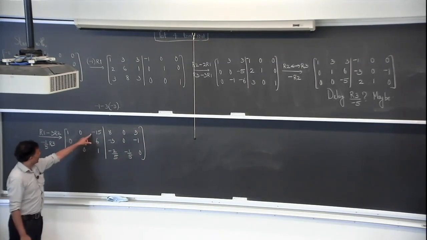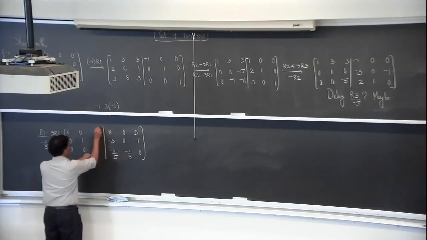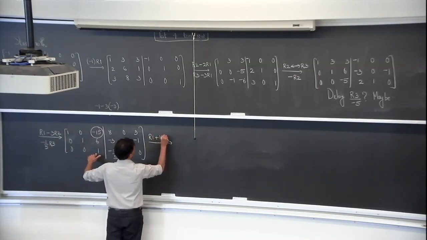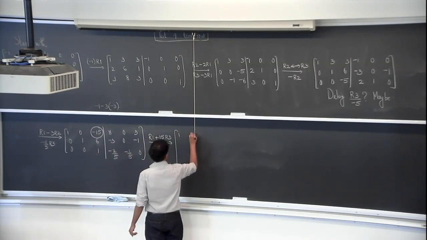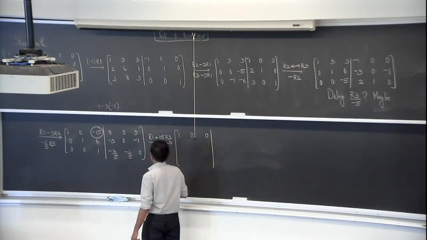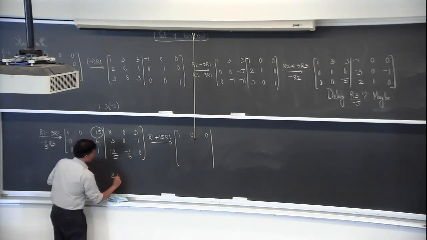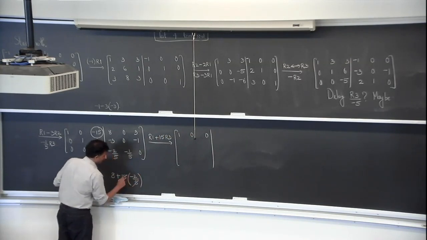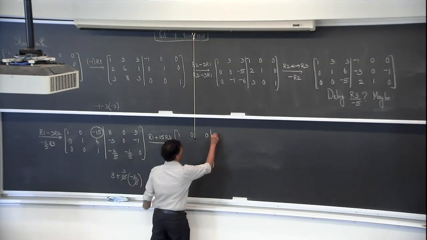Now we can do R1 plus 15 R3 to clear up this guy. So it's 1, 0, 0. Let's do this carefully here. So it's going to be 8 plus 15 times -2/5. Okay, that's 8 minus 6, which is 2.